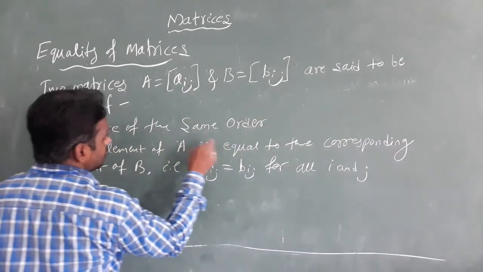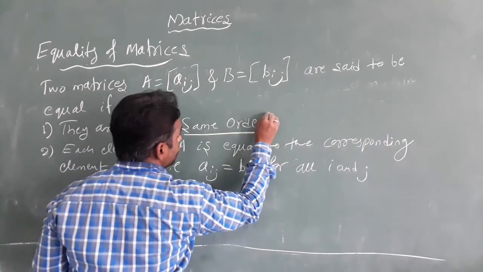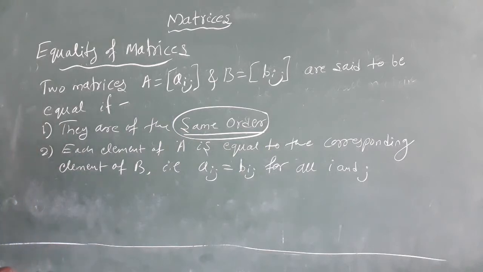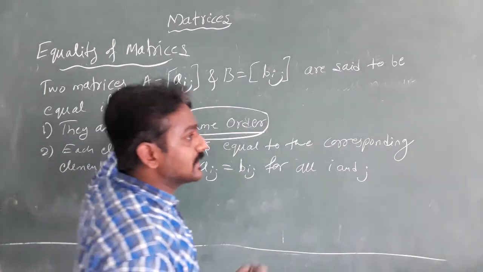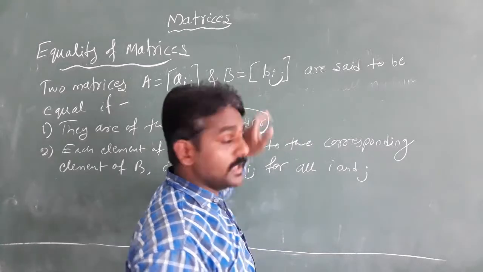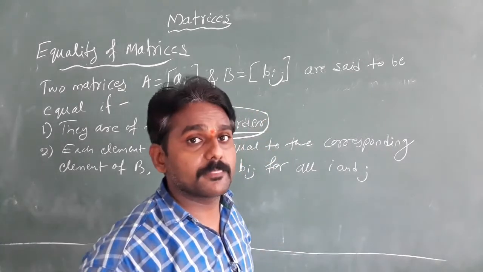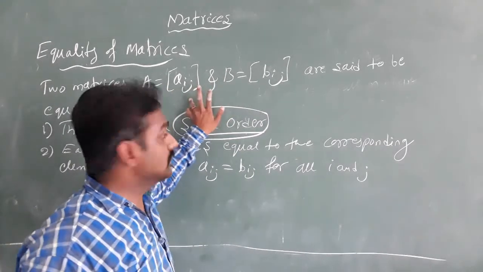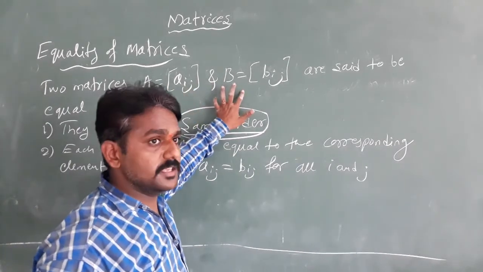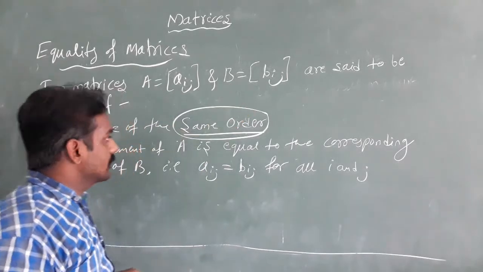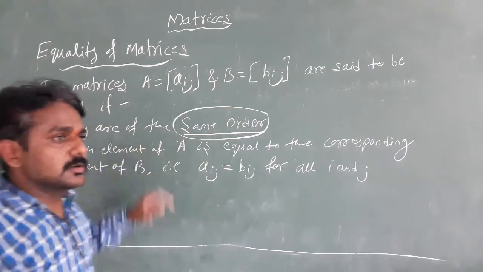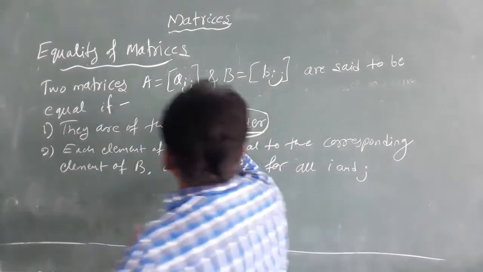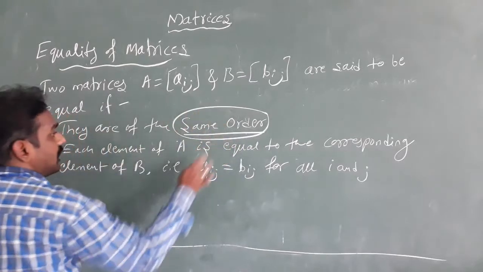That they are of the same order. Means if A is of order 3 cross 1, then B must be 3 cross 1 only. Number of rows of A and B must be same, and number of columns of A and B must be same.